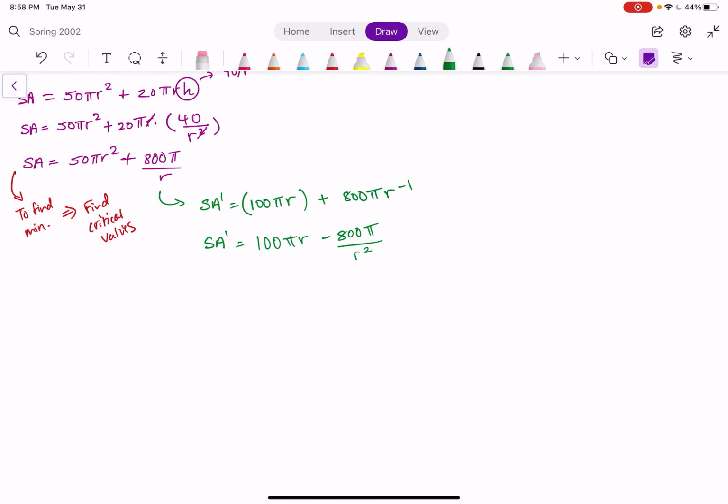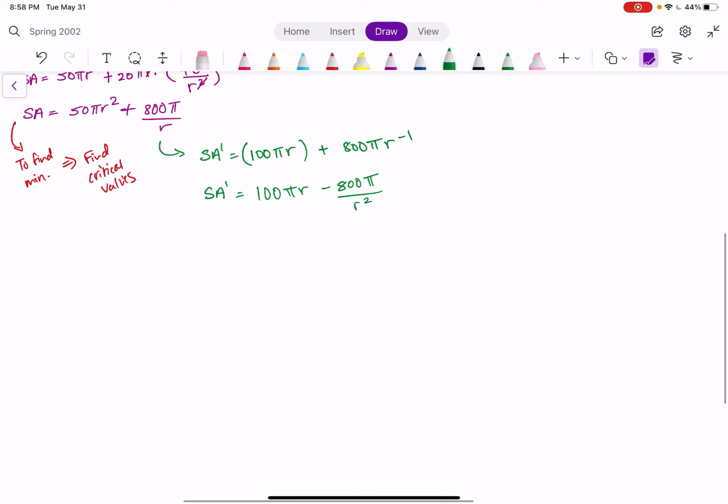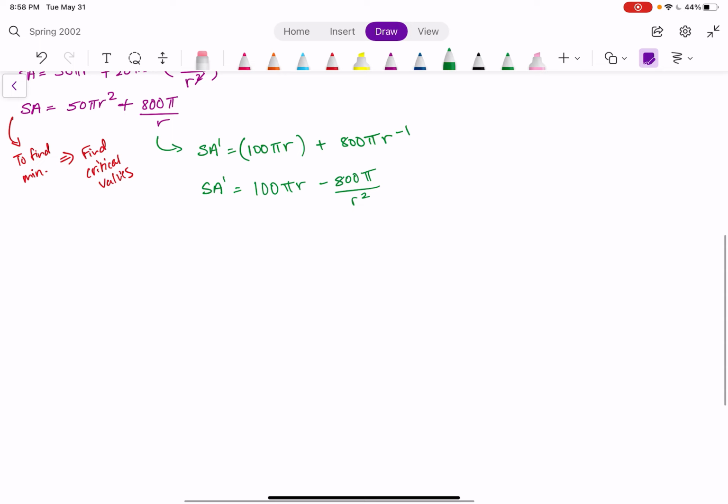And to solve for our critical value, we're going to set it equal to 0. Just like that. I'm just rewriting it. And then I want everything over r squared, so it's easier to do the algebra.